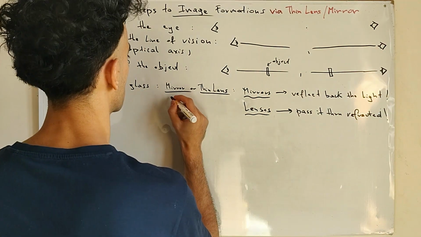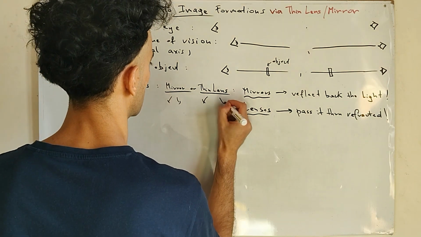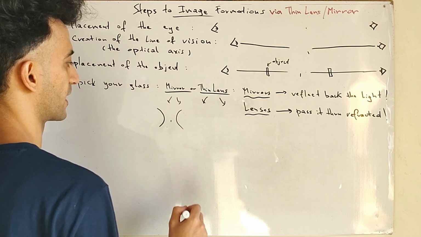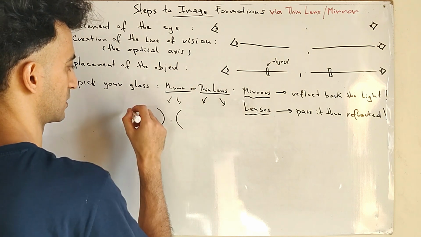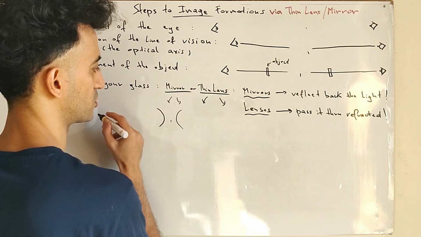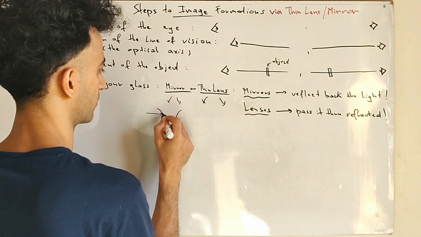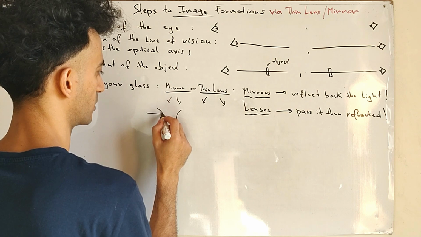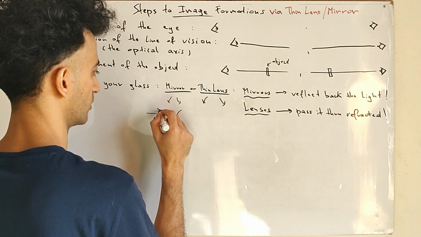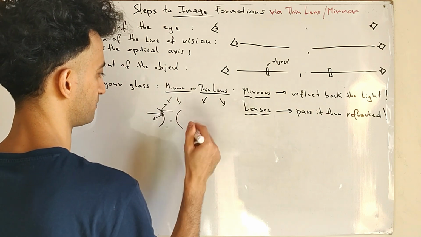Now we got two kinds for each. Mirrors look like that, look like that. Right? Depending on which way light is coming from, it will do its job. A ray of light comes from here, it will be one story. If a ray of light comes from here, it will be another story. Same here.